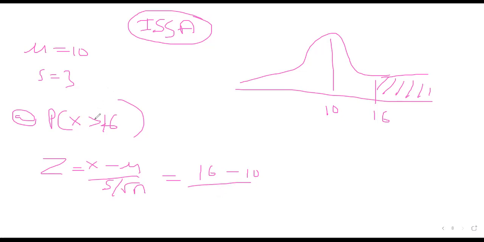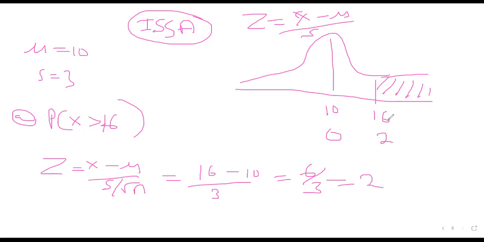When we don't have our n, our formula simply becomes z is equal to x minus mean over standard deviation, just as it is. So standard deviation is 3. So 6 over 3, we're going to get 2. So this 16 is equivalent to 2.